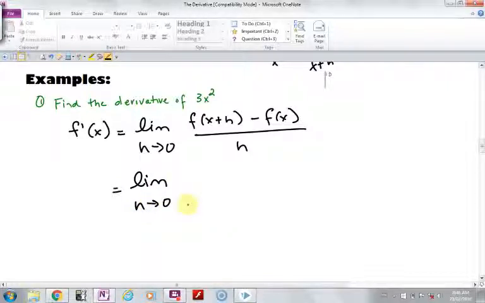Okay, and this is the part, well, in this particular equation it's not that difficult. So what we want to do is replace x in this function with x plus h. So we have, instead of x, x plus h squared.